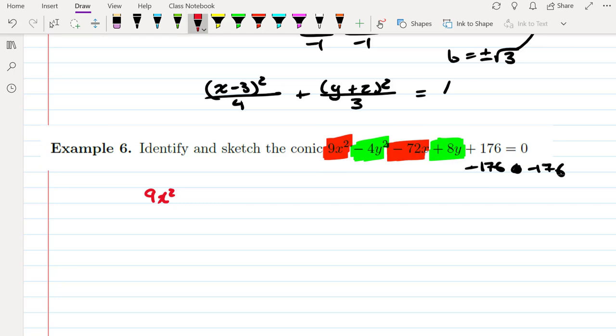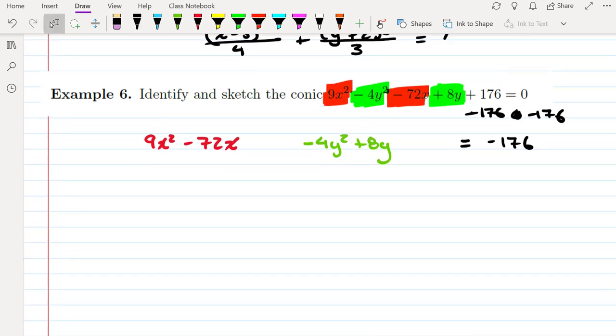That gives us 9x squared minus 72x, leaving some space, minus 4y squared plus 8y is equal to, leaving some space, negative 176. So we're going to complete the square on each of these pieces. So we factor a 9 out, and that gives us x squared minus 8x. And so we take half of our b term and we square it.